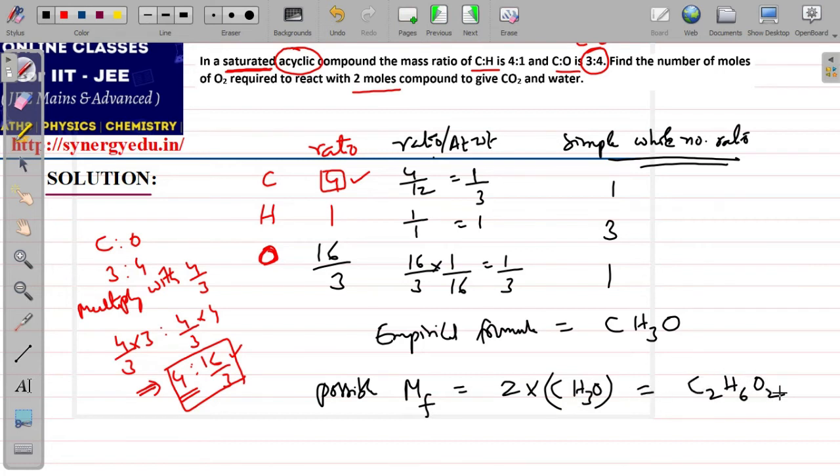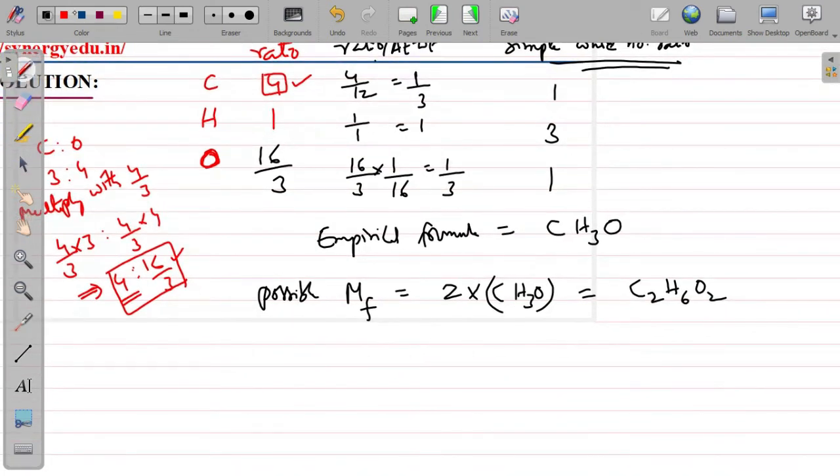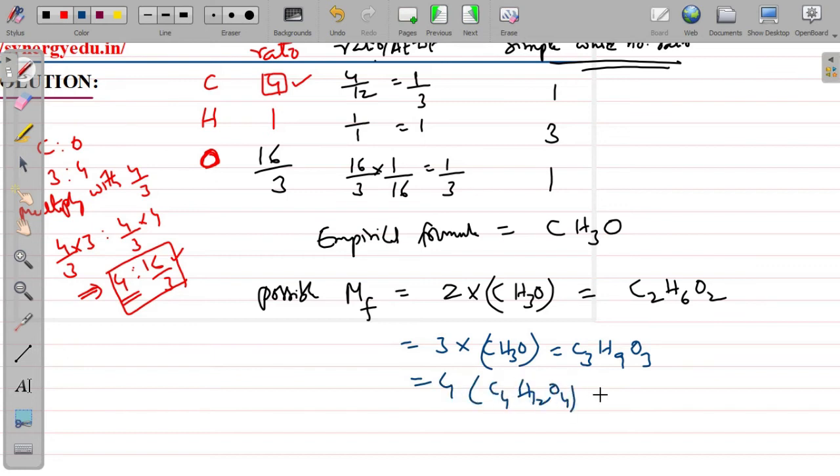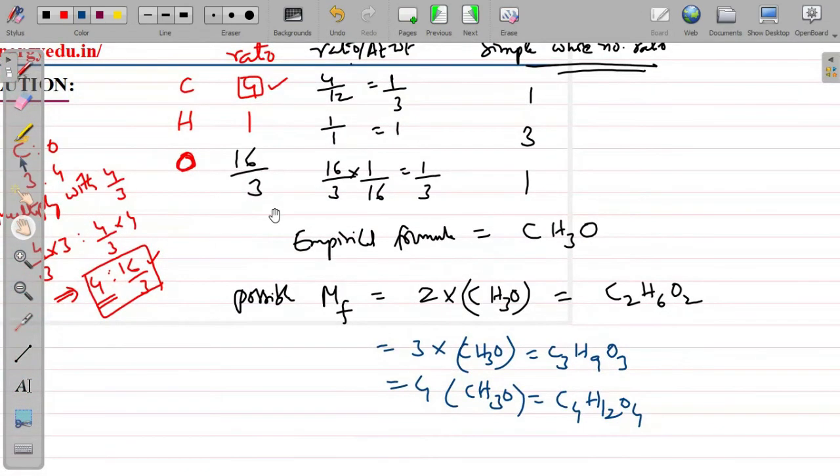C2H6O2. And if I multiply with 3, I'll get C3H9O3. Like that you will get different formulas; you can multiply with 4, 5, 6 and so on. Let's check whether they satisfy.